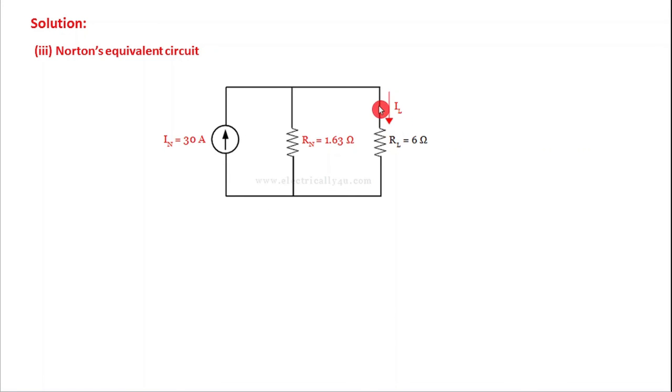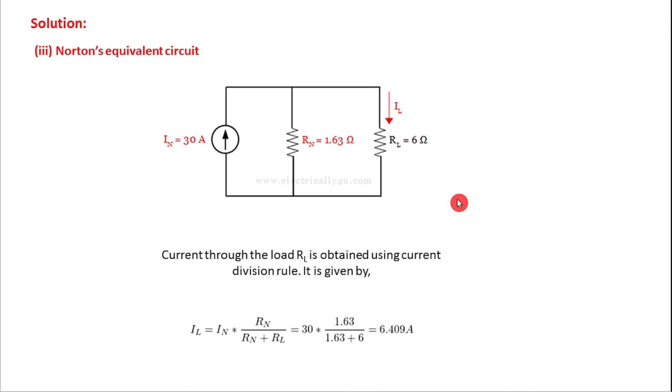Again, to find the load current, apply the current division rule: the total current into the opposite branch resistance divided by the total branch resistances. If you substitute the values, you get the value of the load current. Okay, so this is how we have to solve the circuit using Norton's theorem.